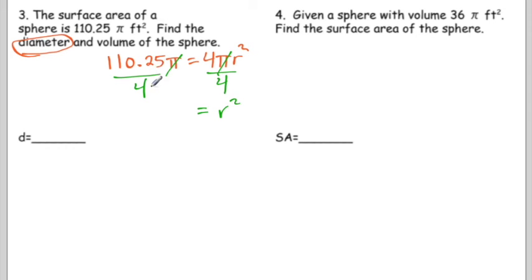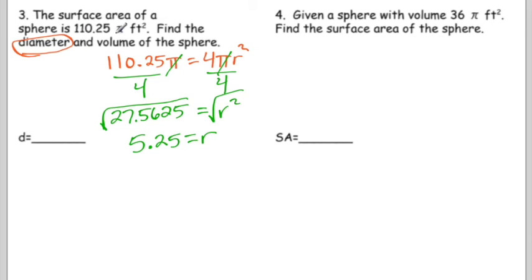So 110.25 divided by 4, and I did this in my calculator, it gave me this, and I did not round that in any way. And then we're going to square root it. So I square rooted this whole answer in my calculator, and it gave me 5.25 for the radius.